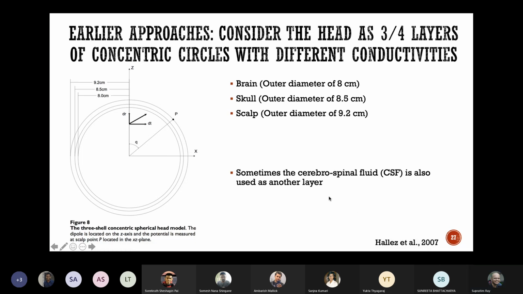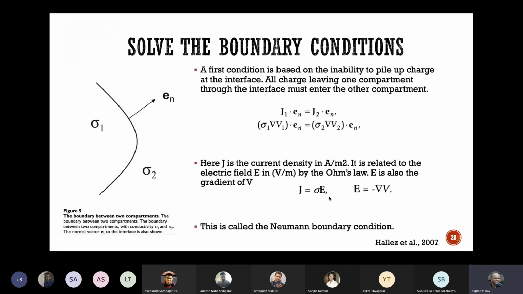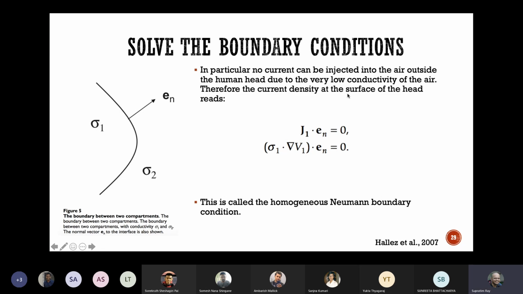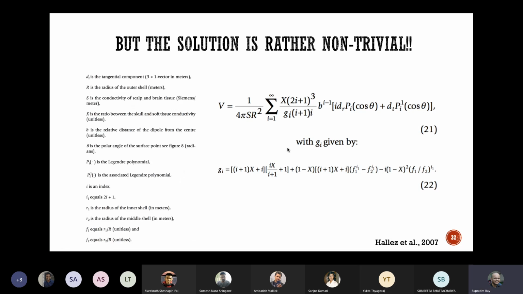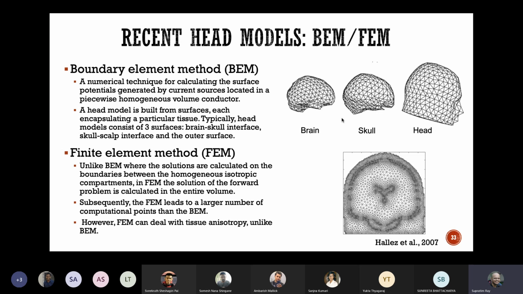To solve this, we used the Neumann boundary conditions, which is based on the fact that you can't pile up charge at the interface, no current can be injected into the air outside, and the voltage cannot have discontinuities, because then its gradient is going to be infinite. So based on that, you could analytically solve the voltage distribution given a dipole, but it's a very complex output. So nowadays, the strategy used is different.